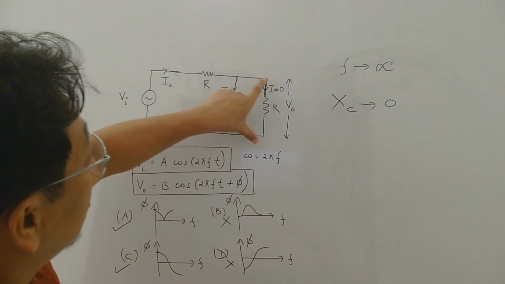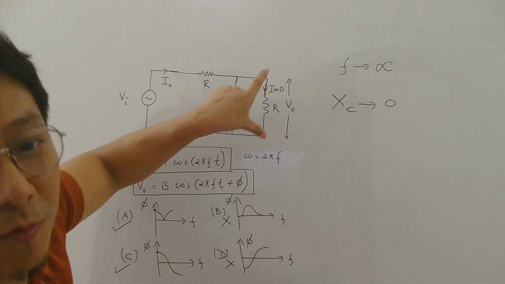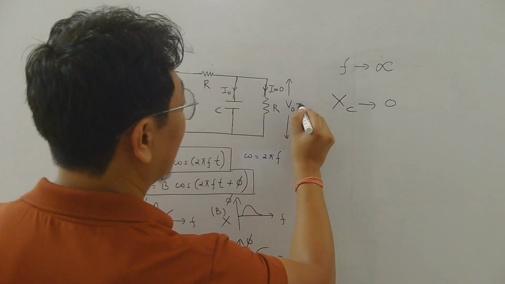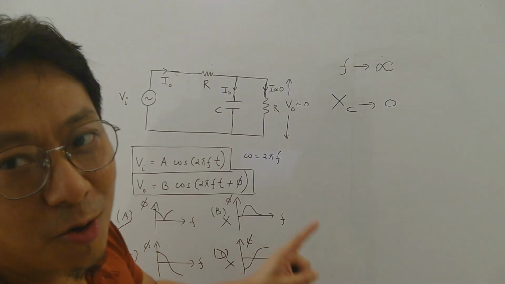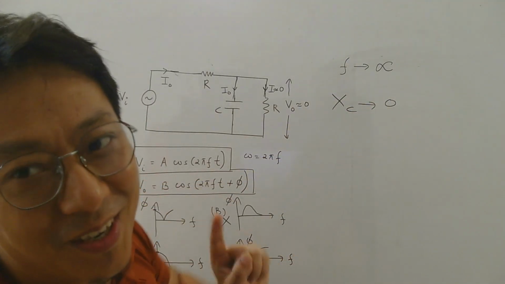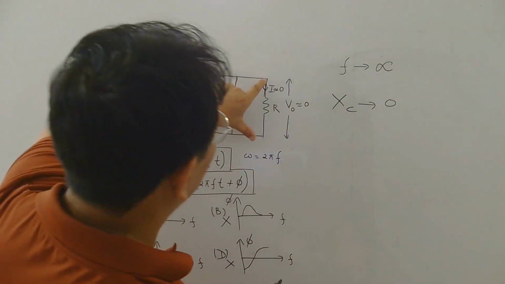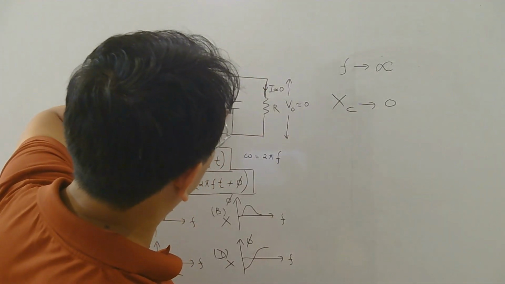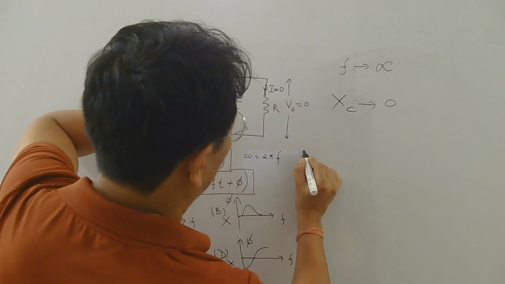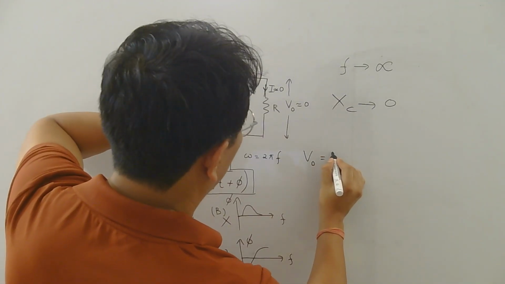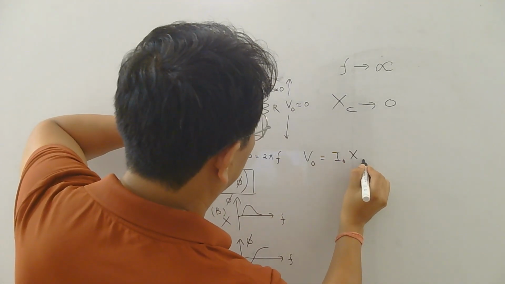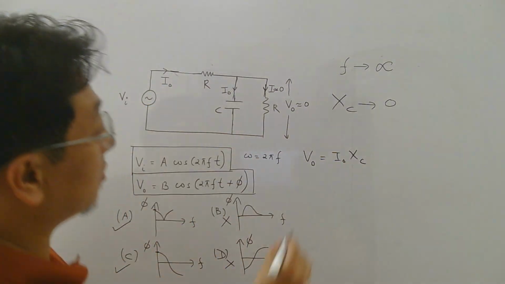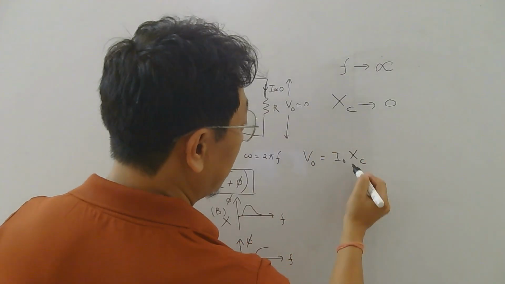So this output voltage V0 will be also very small, but not exactly 0 because we are not saying frequency is equal to infinity, right? So whatever output voltage you will measure here will be controlled by this current and this reactance. So output voltage will be I0 into Xc. Now I know this is very small because Xc tends to 0.